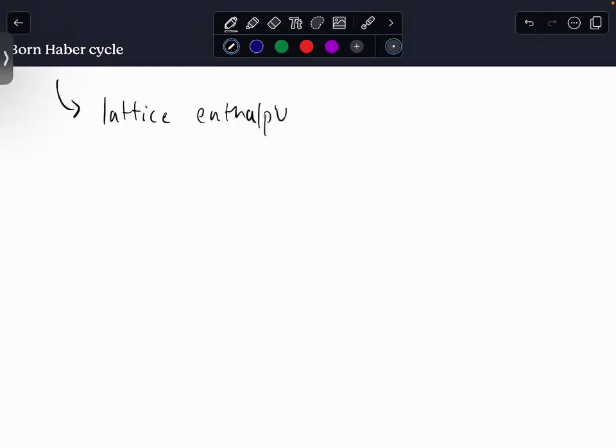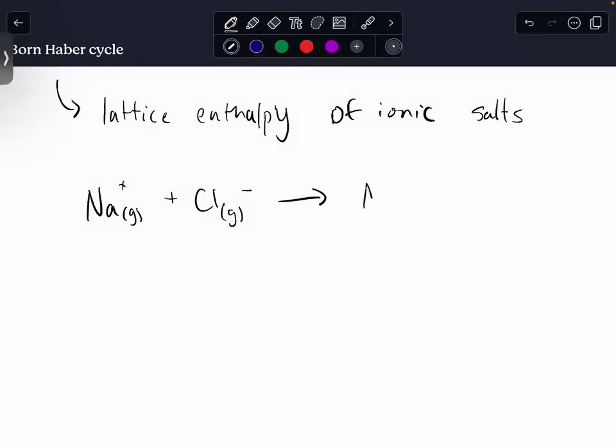What that means is the enthalpy to go from Na+ gas plus Cl- gas and turn that into NaCl. This is a delta H of formation, but specifically it's of a lattice because ionic salts are lattice structures.